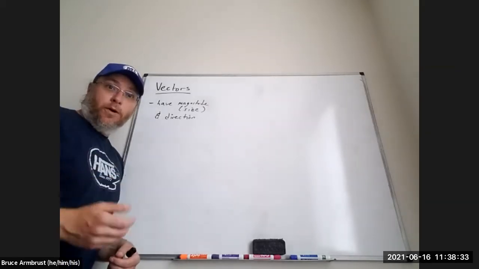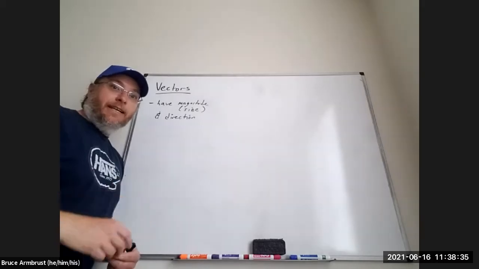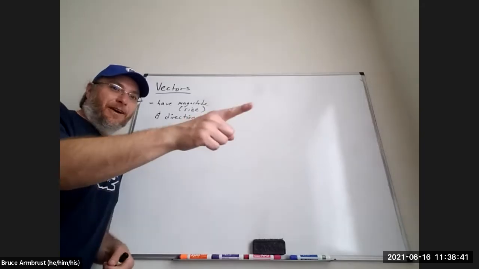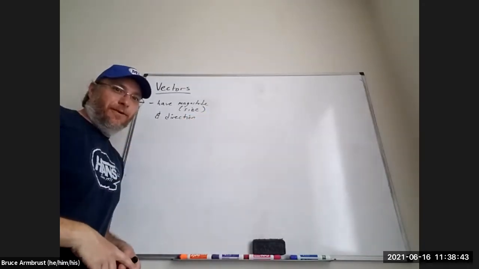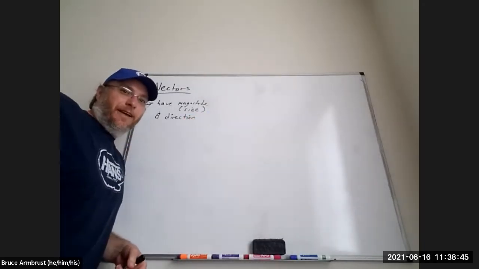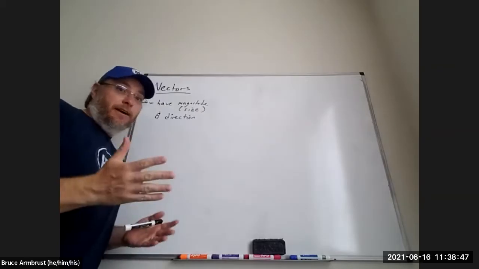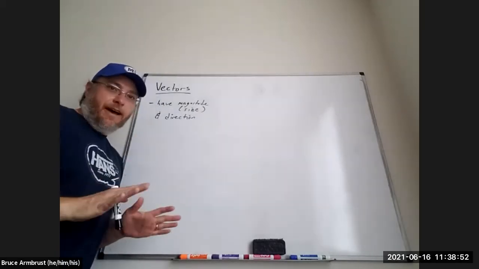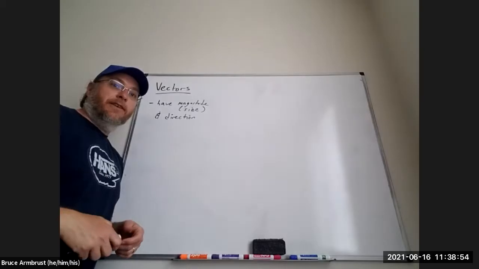If I ask you how warm it is outside, you're not going to tell me it's 31 degrees Celsius that way, right? Or 97 Fahrenheit this direction. No, the temperature is the temperature. So there are plenty of things that are not vectors, but there are some things that are.